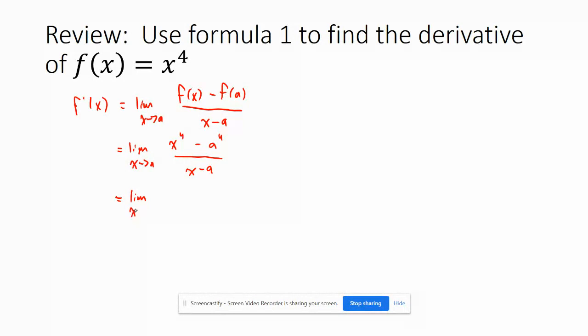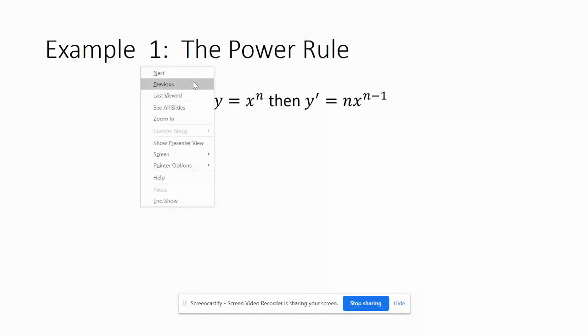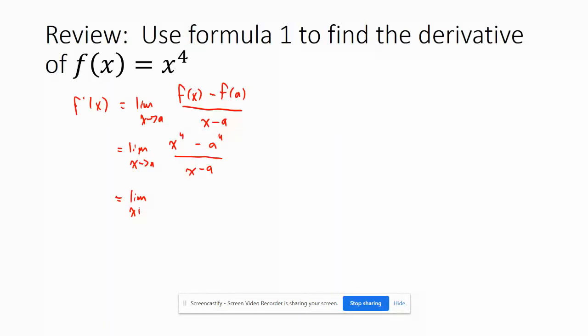Now, strategy for these types, we want to be able to factor this guy. X to the fourth minus a to the fourth is x squared plus a squared times x squared minus a squared. Now, we're not quite done here because we can still factor x squared minus a squared.